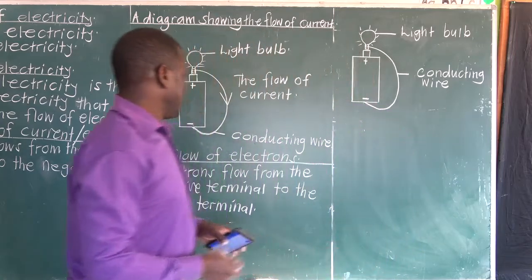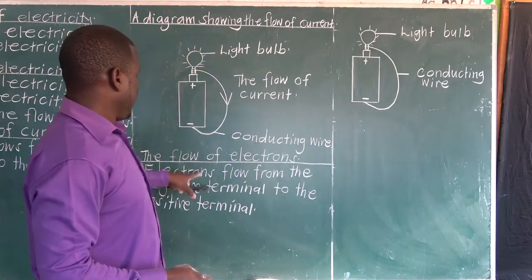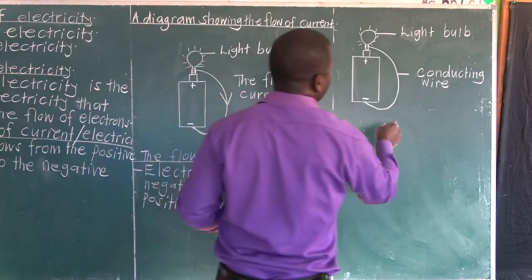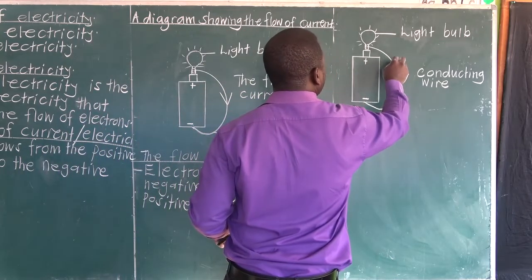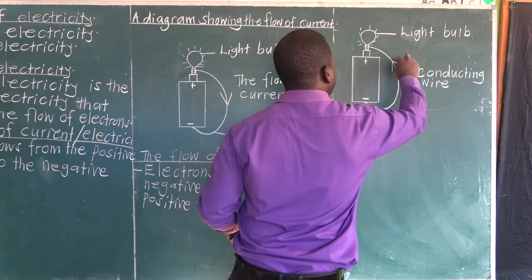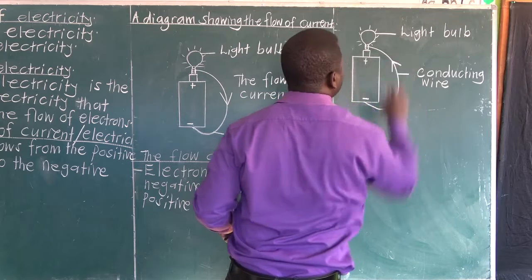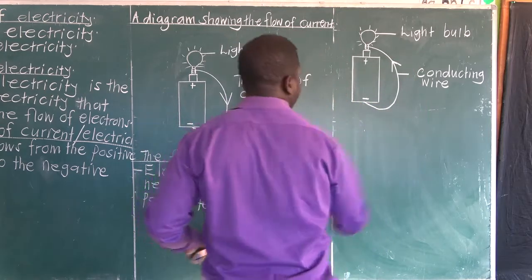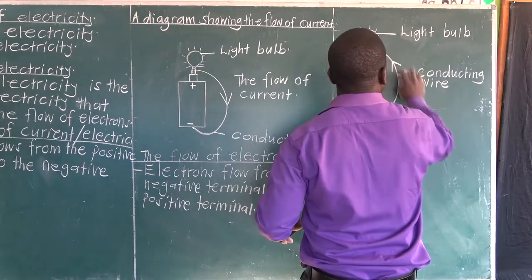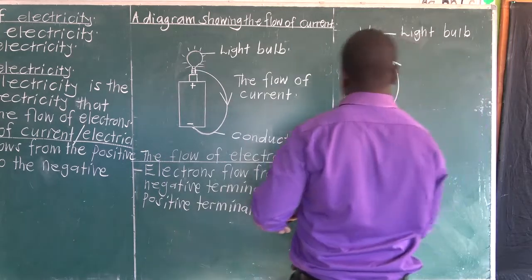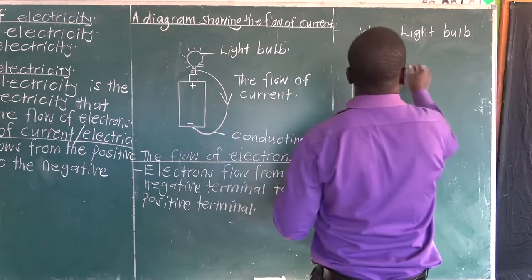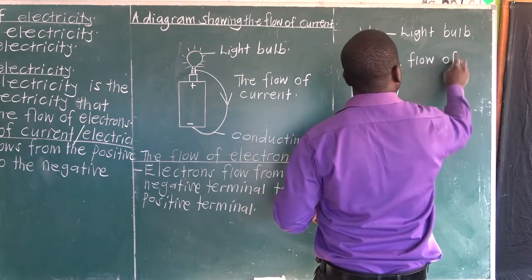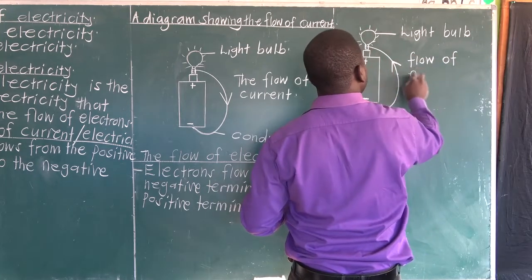Then we've said that electrons flow from the negative terminal to the positive terminal. So that arrow shows the flow of electrons. This arrow shows the flow of electrons.